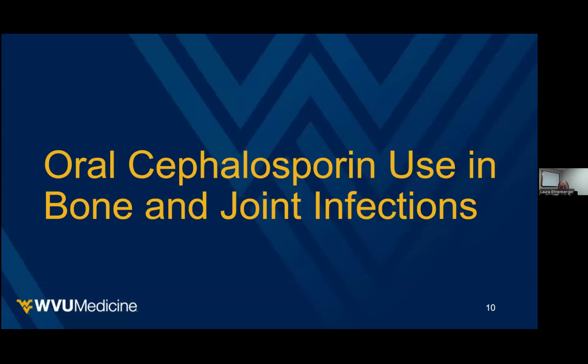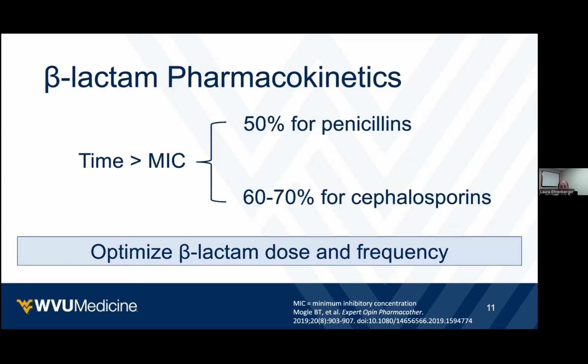Next, jumping into our use of oral cephalosporins for bone and joint infections. To quickly touch on the pharmacokinetics of beta-lactams, we know that for beta-lactams, we want to maximize the time above the MIC. For penicillins and cephalosporins, the target time above the MIC to maintain bacterial killing is slightly different.